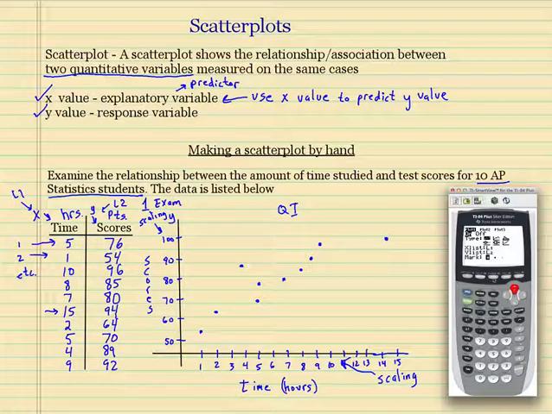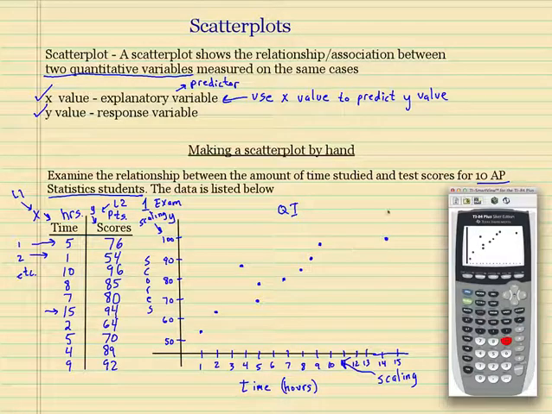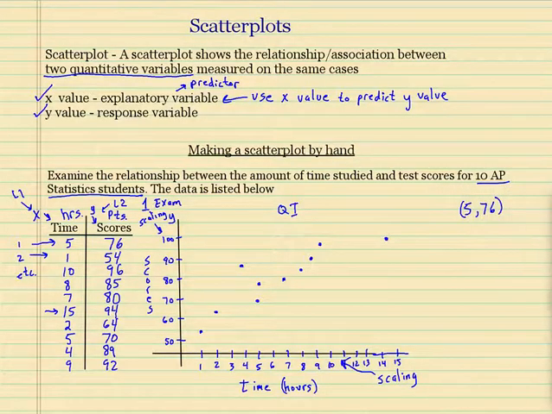So let's see if this works. We want to do our zoom. Now we want to zoom and 9. And there's our scatter plot. So it sort of looks like what I did. Okay. So that's how you do that.